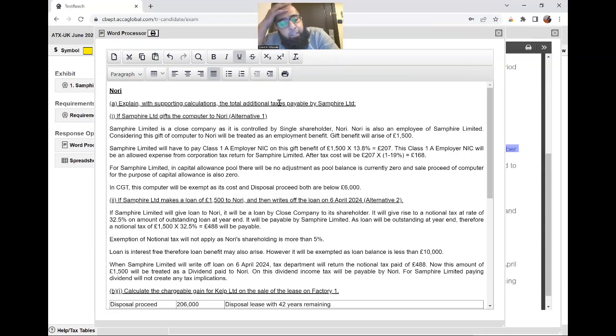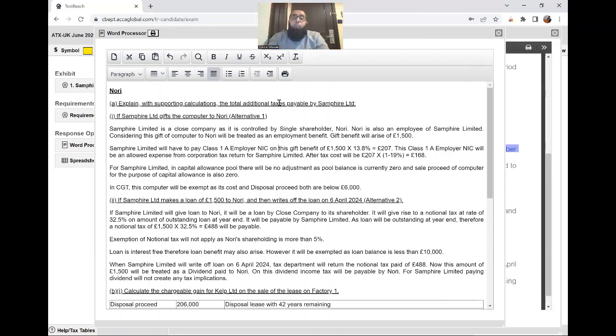Whenever a company is gifting an asset to a shareholder who is also an employee, it becomes an employment benefit. Since it was a gift, gift benefit will arise. There is no usage benefit consideration because the use of the computer was insignificant before the gift. So we just used the gift benefit market value approach.